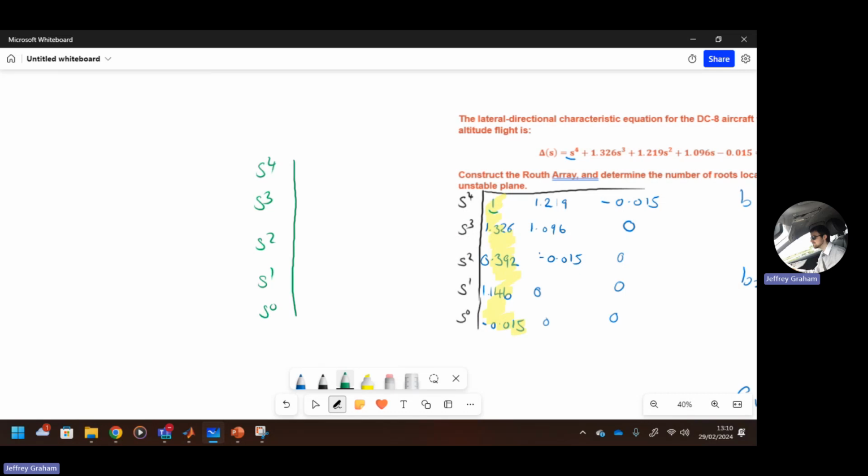We've got, right, that is positive. 1.326 is positive. S squared is positive. The s to the power 1 is also positive, but we've got a negative value for the power naught. So when you go down from top, we've got no sign change in that step, no sign change in that one, we've got 1 as we go into that one.